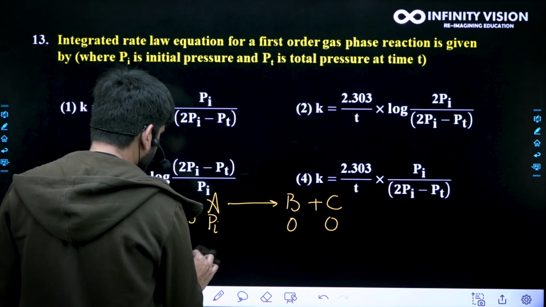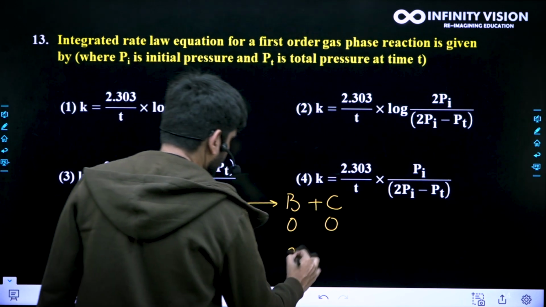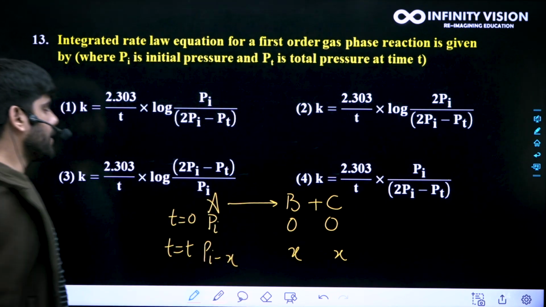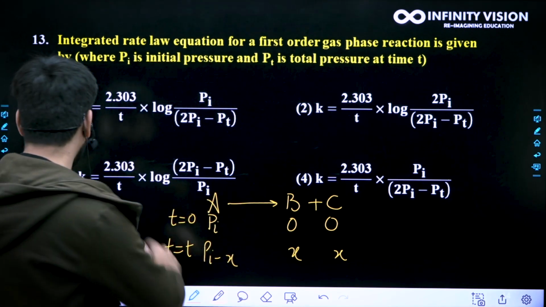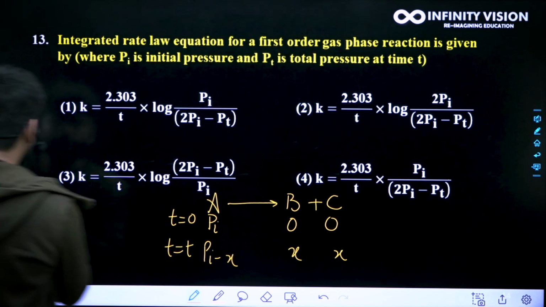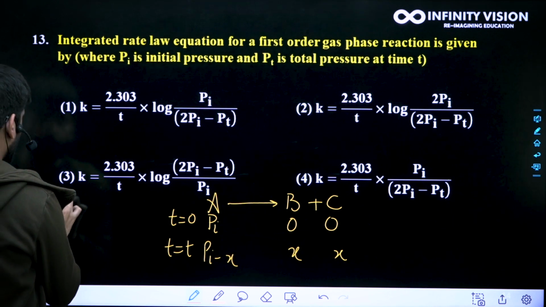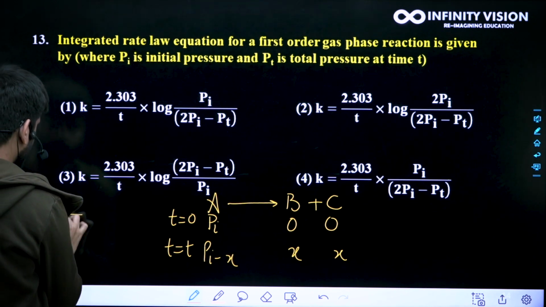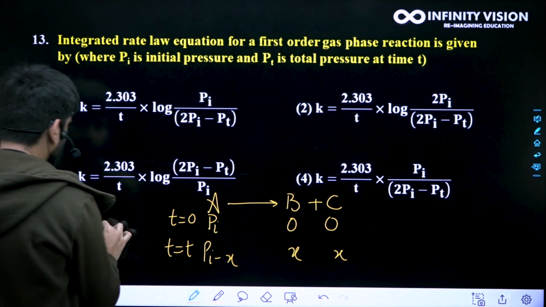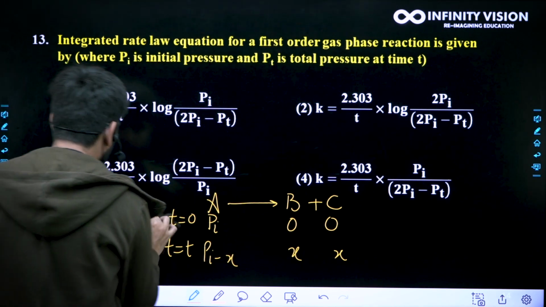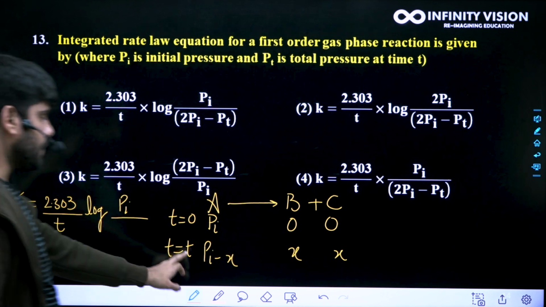At t is equal to T, let's say this is X, and this is Pi minus X. The integrated rate law equation for the first order reaction is k is equal to 2.303 upon t log of initial pressure. Initial pressure is Pi. Now the final pressure is Pi minus X.